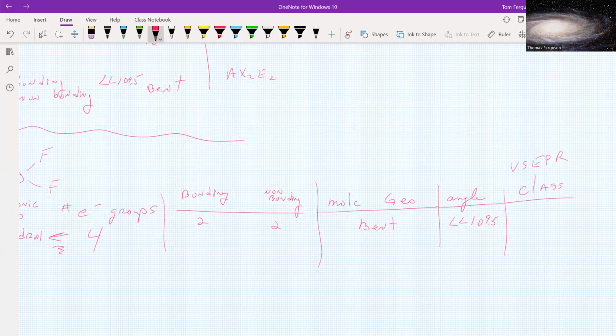Well, all of them have A in it, right? And go back to here. The bondings are going to be the X's and the non-bondings are going to be the E's. Right. AX2E2. Exactly. Good.